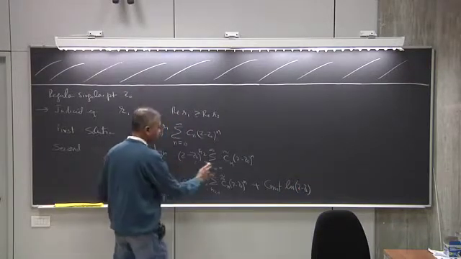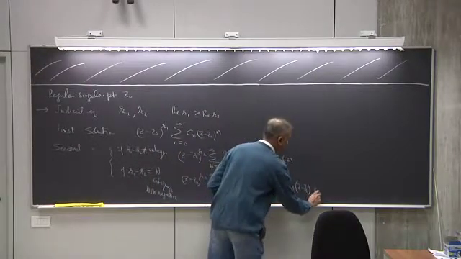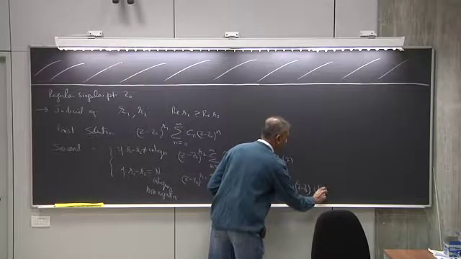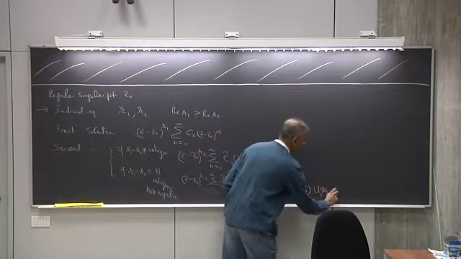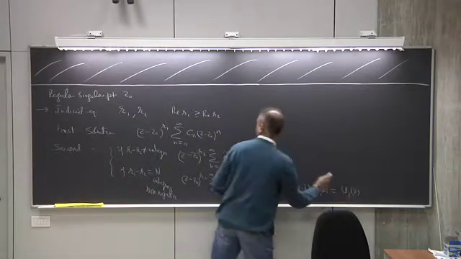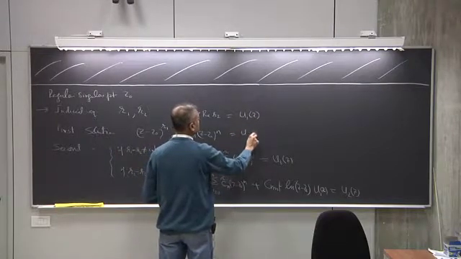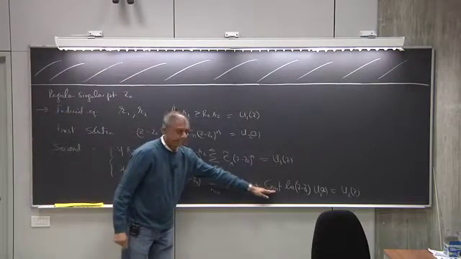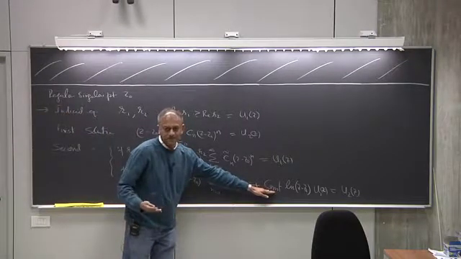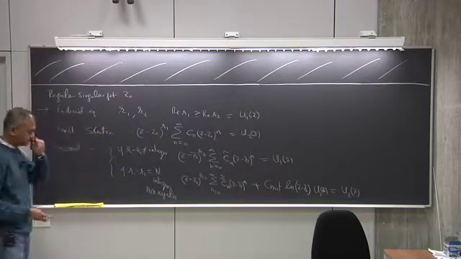So let me call this U1 of Z. So the second solution U2 is of this form. Let me give a name to this: this is U1(Z) and this is U2(Z). There are 2 fundamental solutions. So this constant sometimes can vanish, but that will be a very special case. Generally, this constant will be there. So that is the general solution.